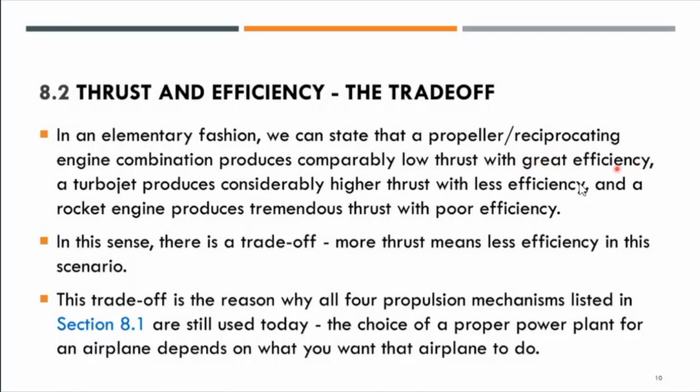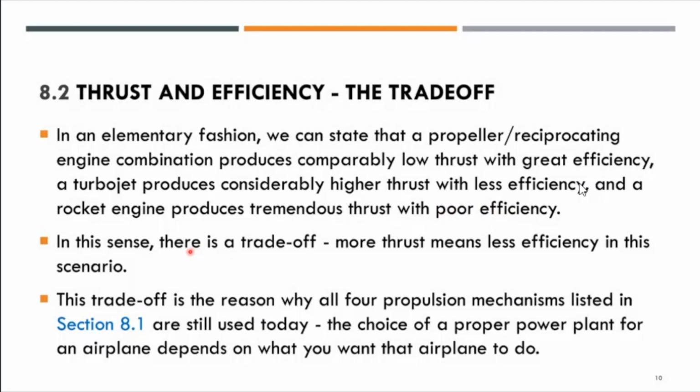However, a turbojet produces considerably higher thrust with less efficiency, and of course, the rocket engine produces a huge amount of thrust, tremendous thrust, with very poor efficiency.